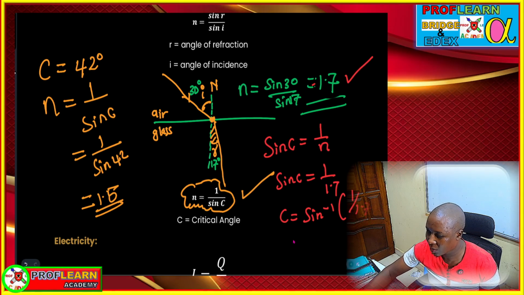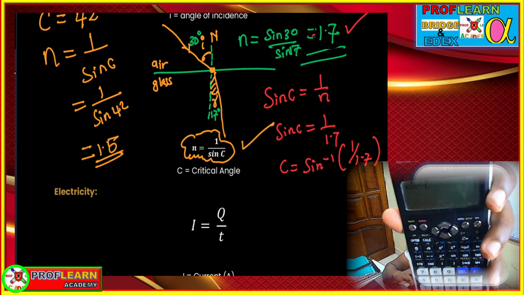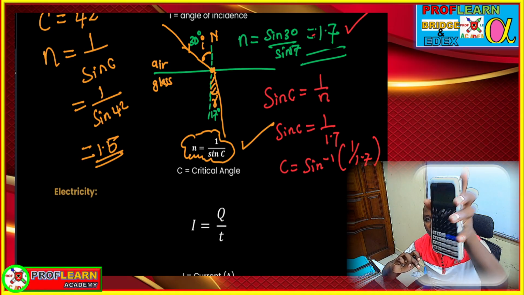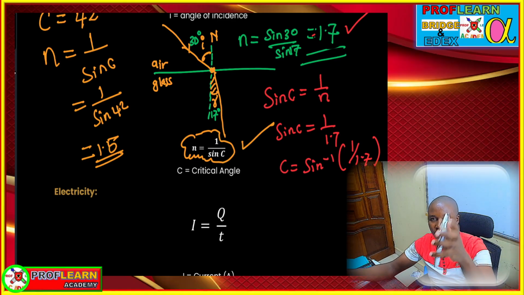Let me show you how to put it in your calculator. You press shift sine, so that you have the sine inverse shape, and then 1 over 1.7, then equals. What is that going to be?